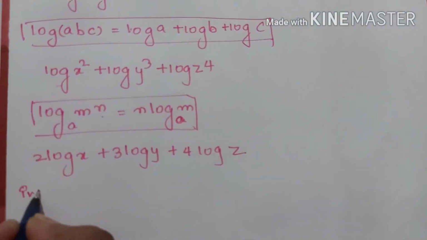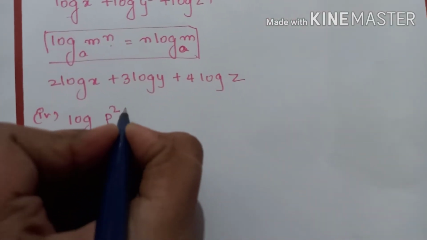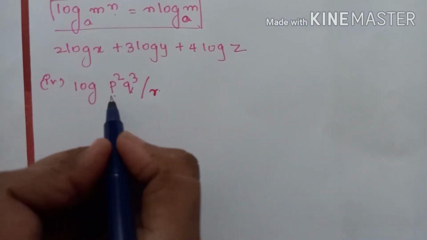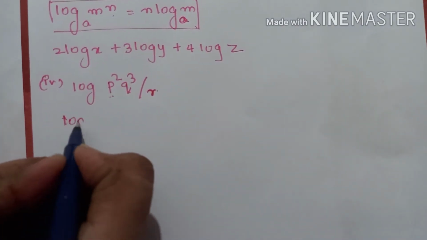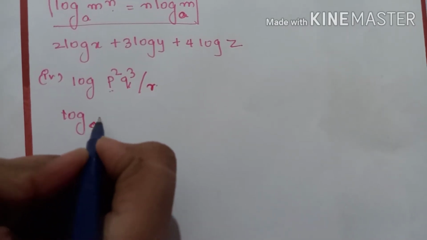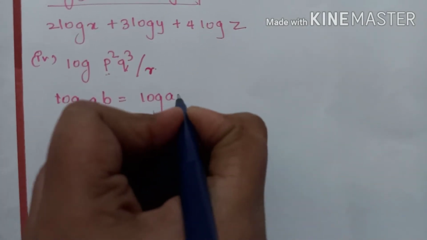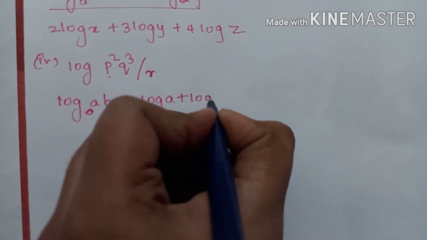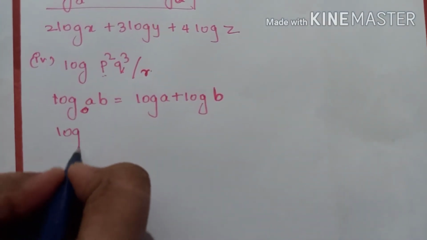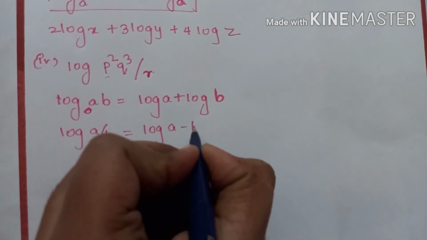Now the fourth question, here it is log p square q cube by r. These can be split by using the property log a into b, which can be written as log a plus log b, and this property can be used as log a by b, which can be written as log a minus log b.